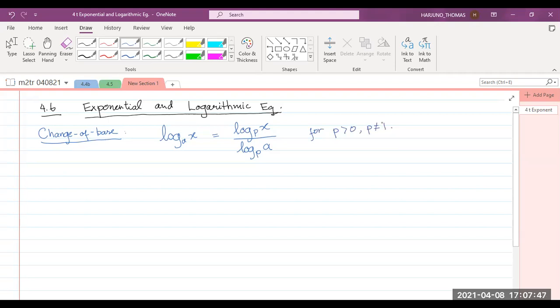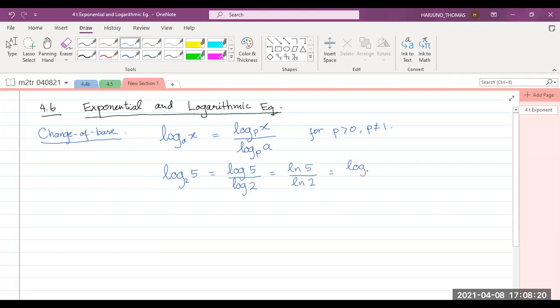So for example, log base 2 of 5, how do we compute this? You can change base 2 into base 10, or into base E, and you can change it to any other base as long as it is positive and not 1.